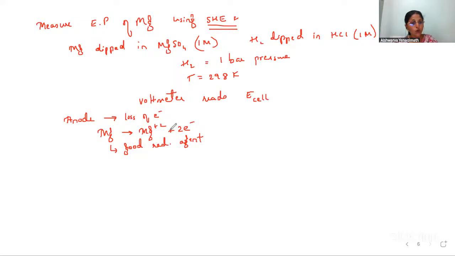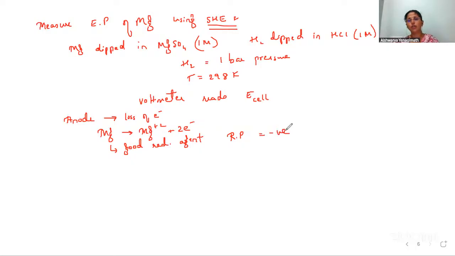Since it is itself undergoing oxidation, magnesium should be the anode. It will be an element which reduces the other element, a comparatively stronger reducing agent, which means its reduction potential value will be negative.